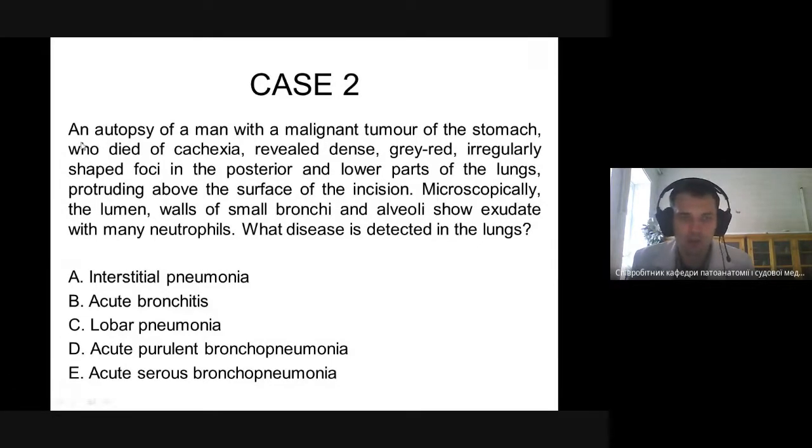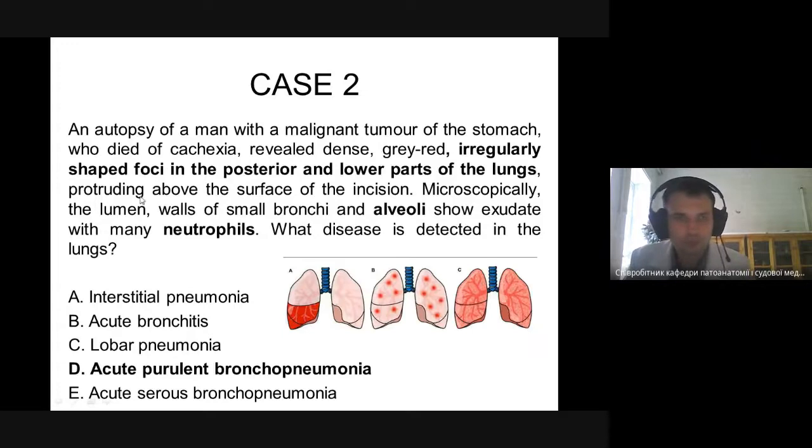It wasn't cirrhosis. With many neutrophils, so they have shown purulent suppurative inflammation. So you see, is it A? No, it's B. It's B, with multiple foci scattered over lung tissue.